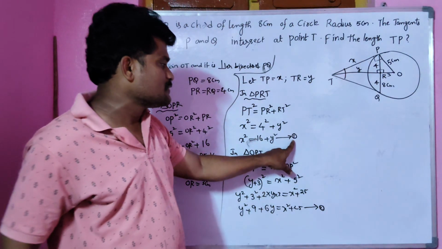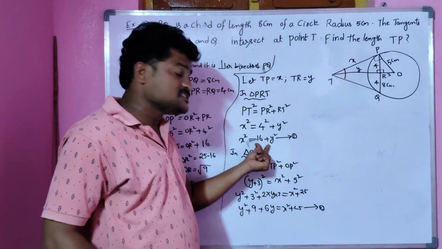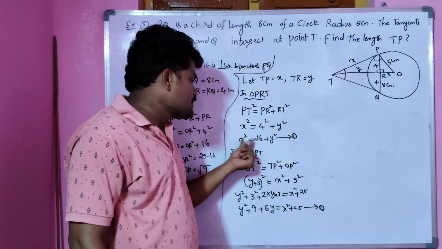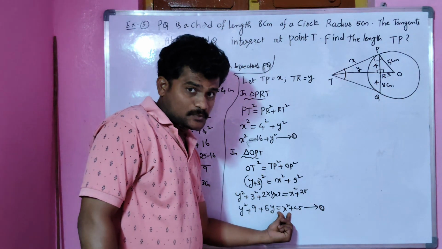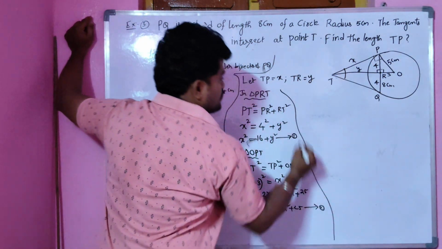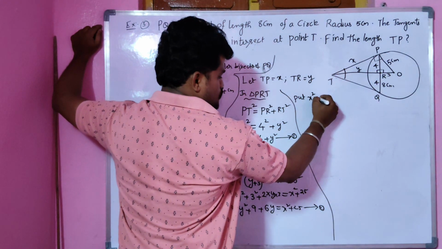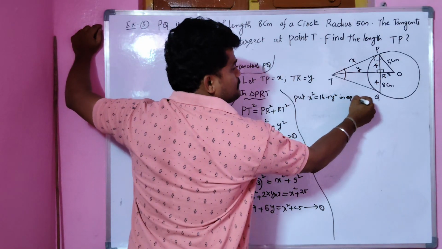If you see, equation number 1 gives the value of x square. X square value is 16 plus y square. So what I do here is replace x square with 16 plus y square. I just substitute: x square is equal to 16 plus y square in equation number 2.